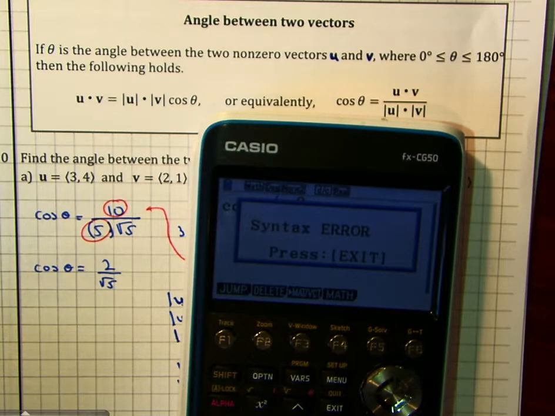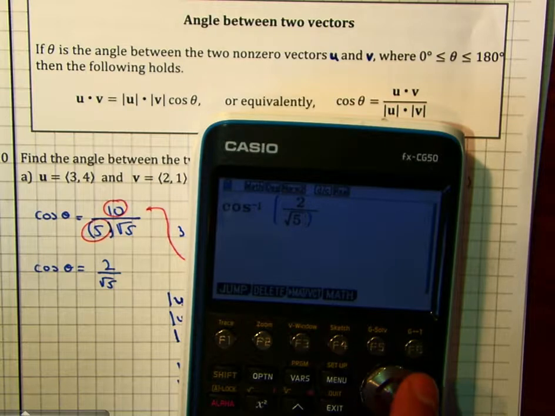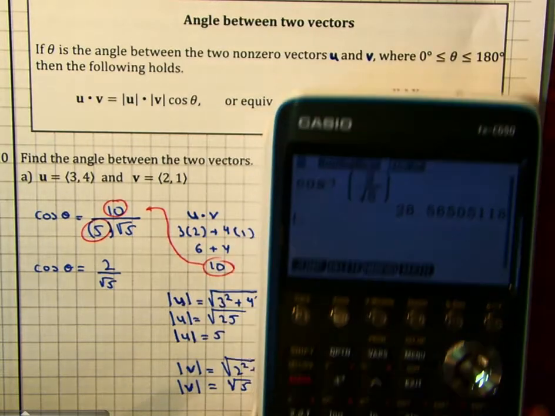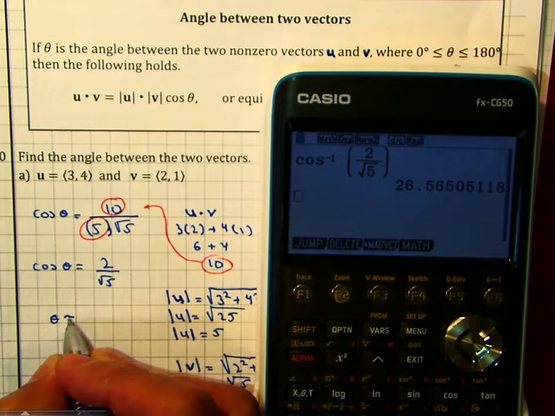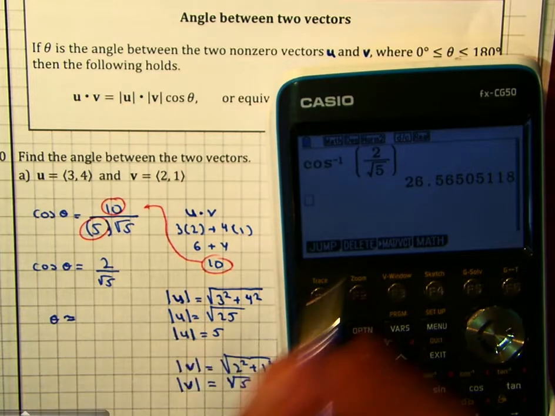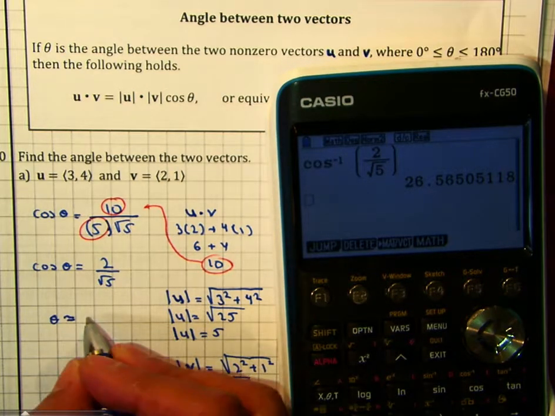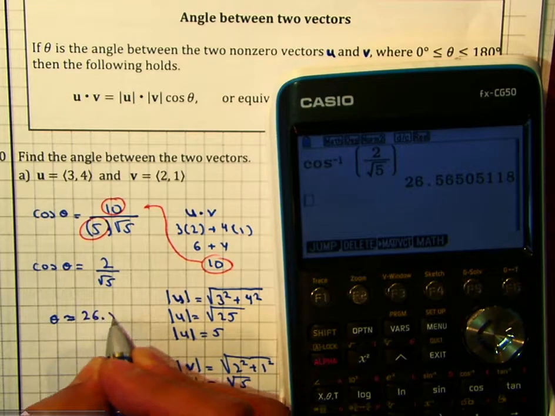So let's see, why did it give me an error? Well, there you go. That'll be 26. So therefore, my angle is approximately 26, let's just leave 2 decimal places, 26.57 degrees.